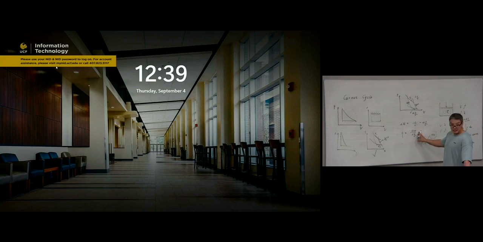And the efficiency is just this part, right? And this equals 1 minus Q2 over Q1. Correct? That's the efficiency. Is that correct, everyone?